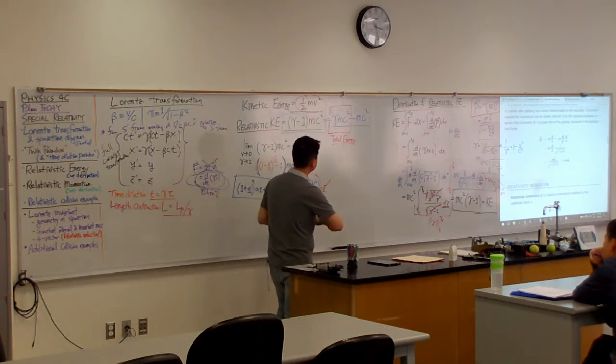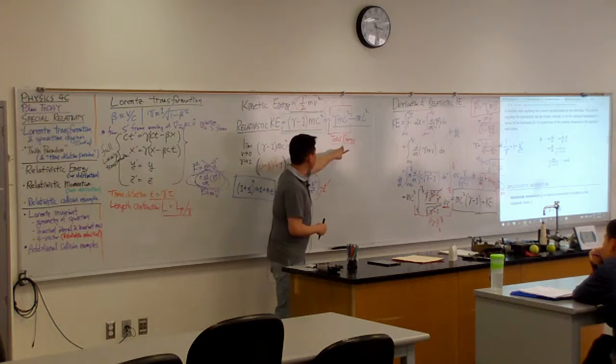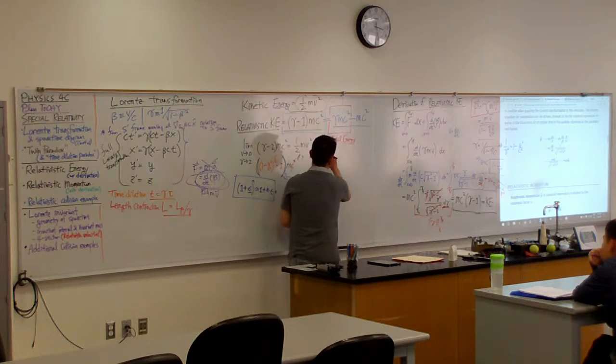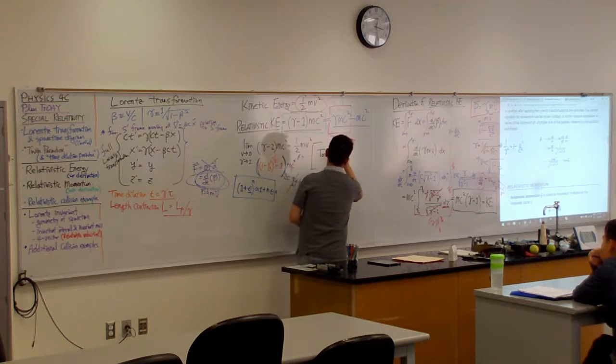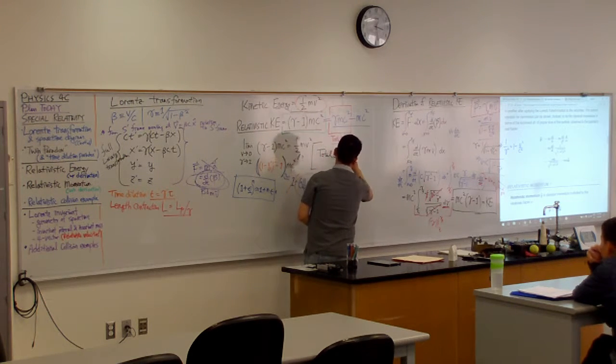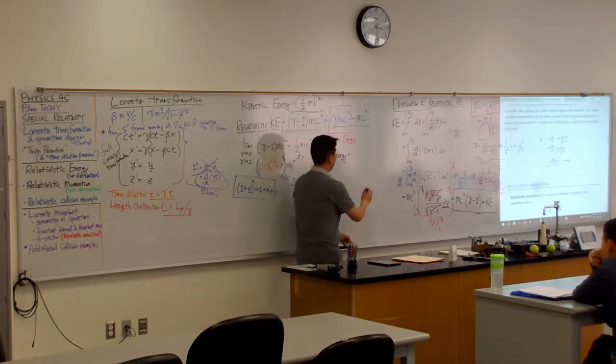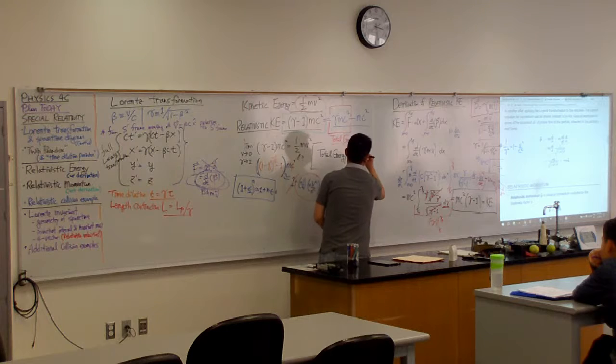What kinetic energy really is, is total energy minus this. Or you could say that total energy is equal to kinetic energy, one portion of the total energy, plus this something else.